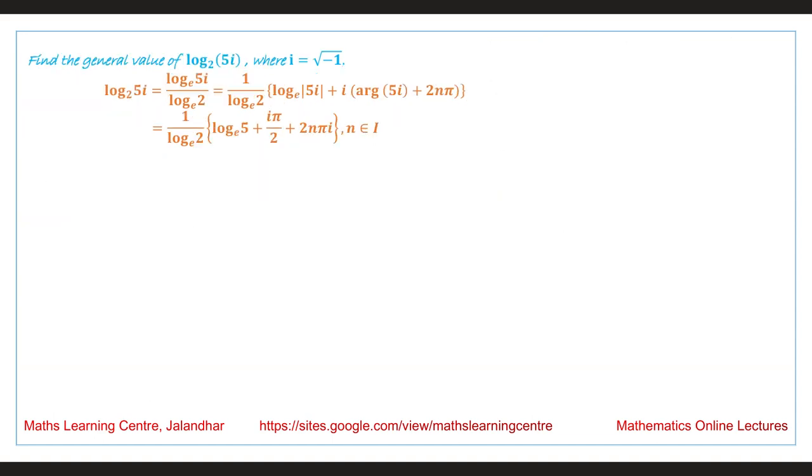Next question we have is find the general value of log to the base 2 of 5 iota. We have to find the general value of this term. So, this is base 2 over here, and we know how to change the base in terms of log.